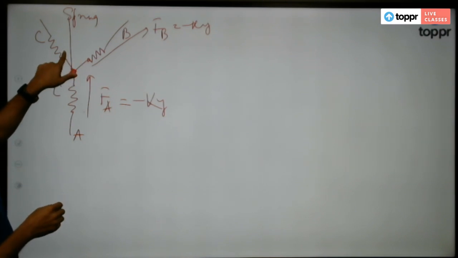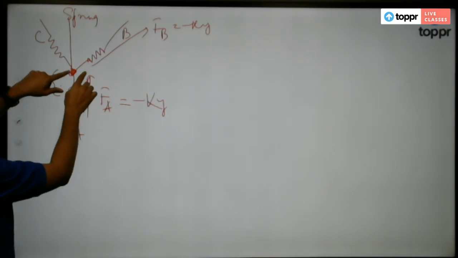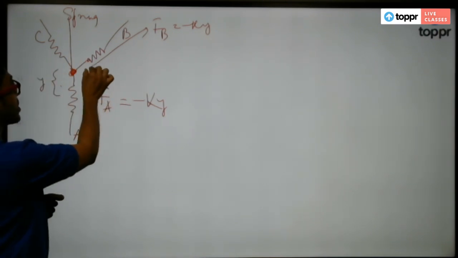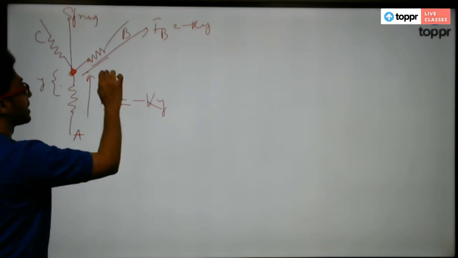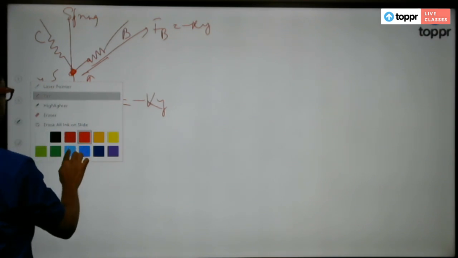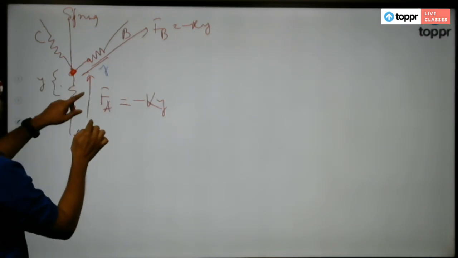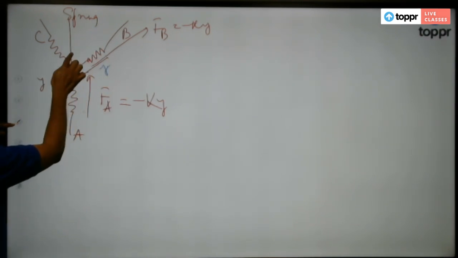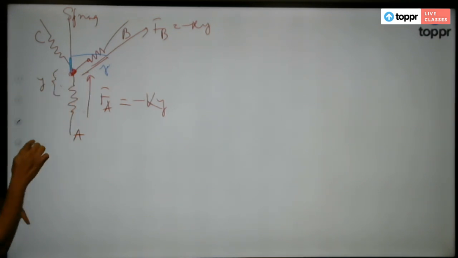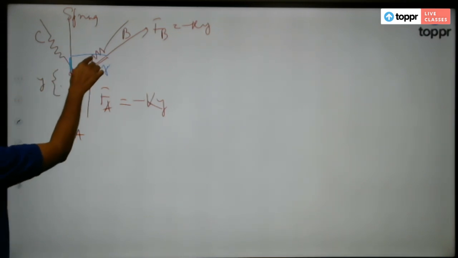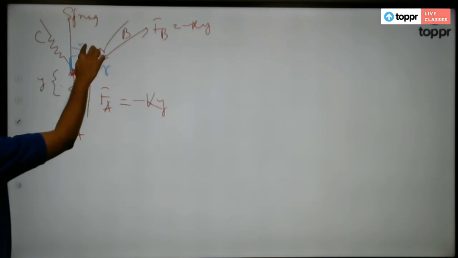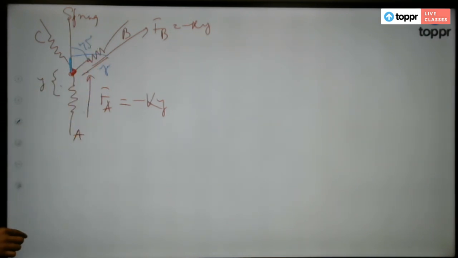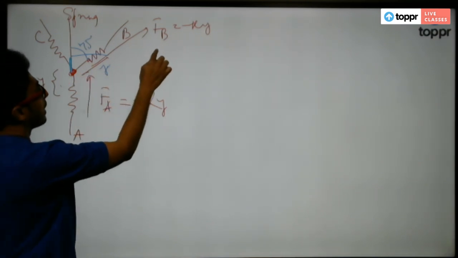The extension is in this direction, so the extension we are calculating in this direction. So we have to calculate the component of extension in this direction, isn't it? Now see, this is 90, this is 135, 135. So this angle is nothing but 45, right? And so it will be what?